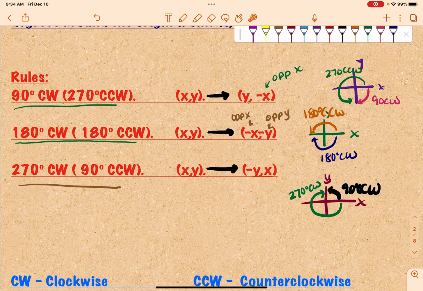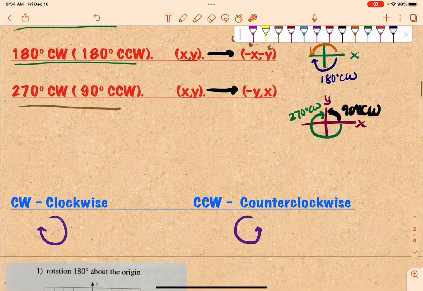Now, if I look at the rule, whatever x and y starts out as, the y value goes first and becomes opposite, and the x value becomes the y. So I actually think following the rule is the easiest thing, in my opinion, to try to do. Let's take a look at a couple so you can see how this works.